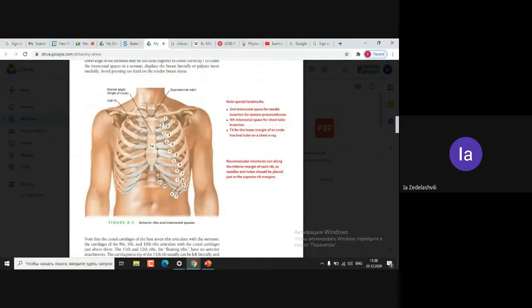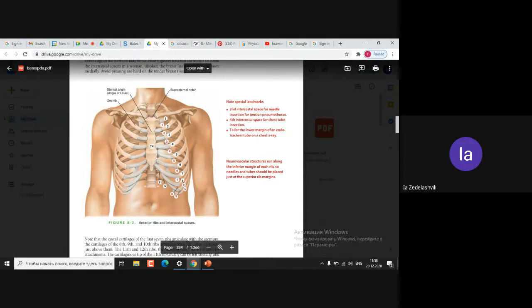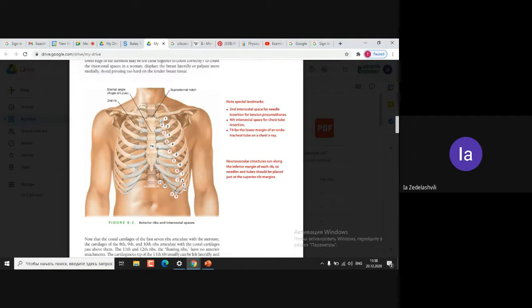The first depression after the rib near the sternum, or you will make a mistake, my dear, near the sternum, near the middle bone, is the first intercostal space. We will speak about percussion and auscultation, and if you find something here, you will describe it like left side first intercostal space, or right side second intercostal space, and you will calculate where exactly it is.